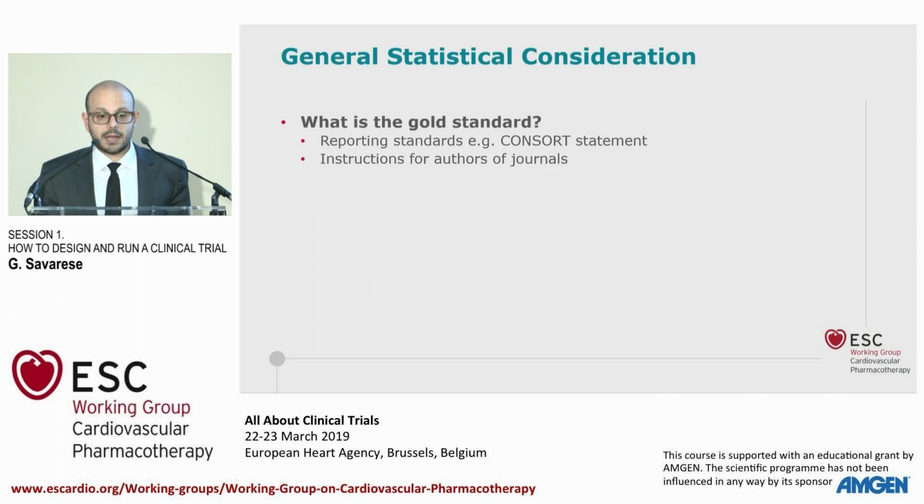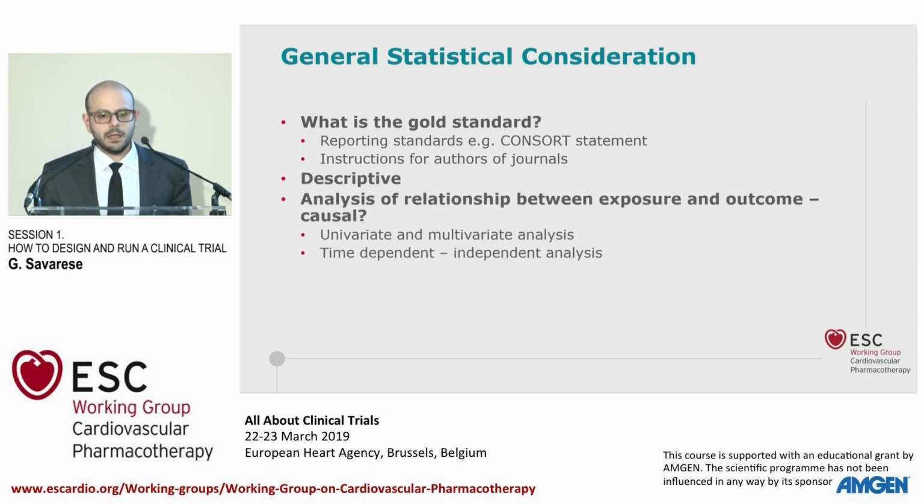What is the gold standard? Of course, for trials it is the CONSORT statement. We will talk about this tomorrow together with the randomized controlled trials. It's always important to check the instructions for authors of journals. Then, regarding statistics, we have to report a description of the population, so like descriptive statistics. Then to use analyses to assess the association, for example, between an exposure and an outcome, and provide, for example, univariate and multivariate analysis.